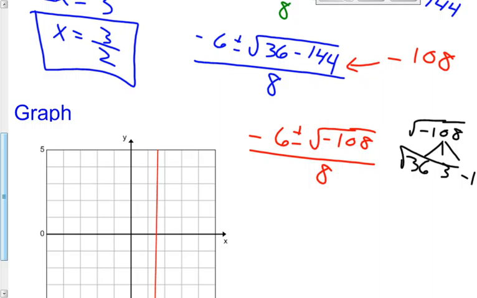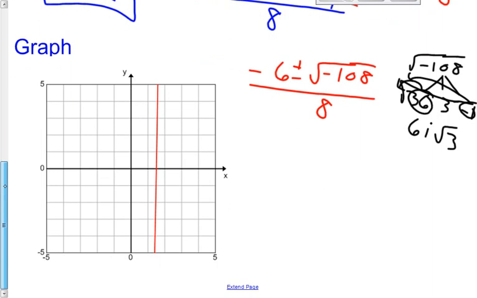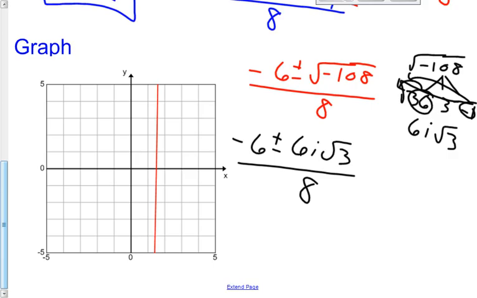So the square root of 36 is 6. The square root of a negative 1 is an i. And then the square root of 3 stays underneath the radical. So we have a negative 6 plus or minus 6i square root 3 all over 8. This would be our answer if we can't reduce.